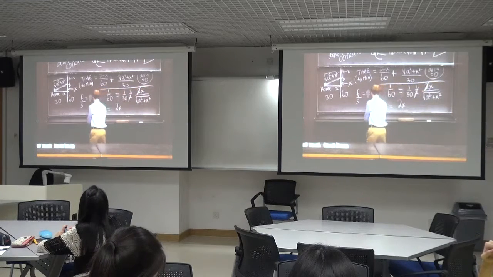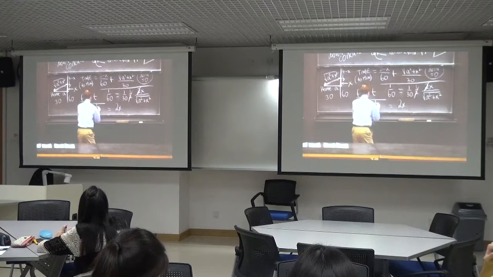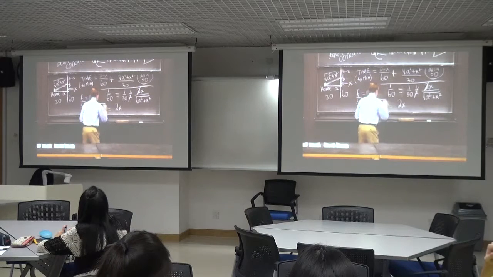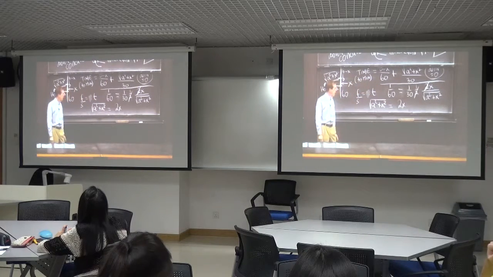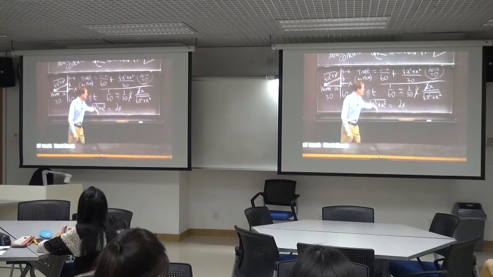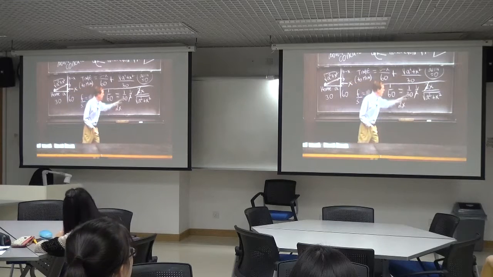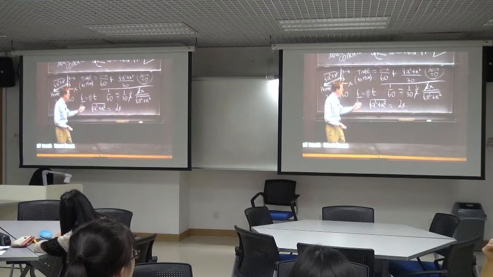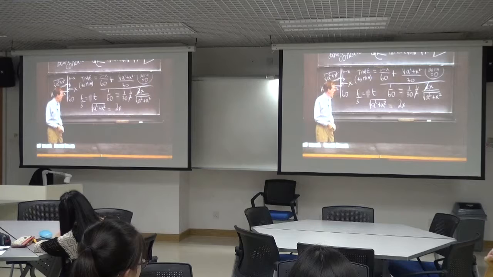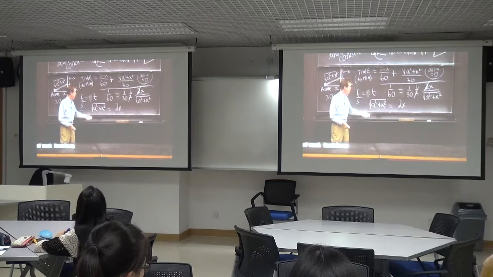I think that's what I've got. That's the same equation as this one, just simplified. Multiply through by 60, multiply through by square root of a squared plus x squared, and it's looking good. All right, how am I going to solve that?